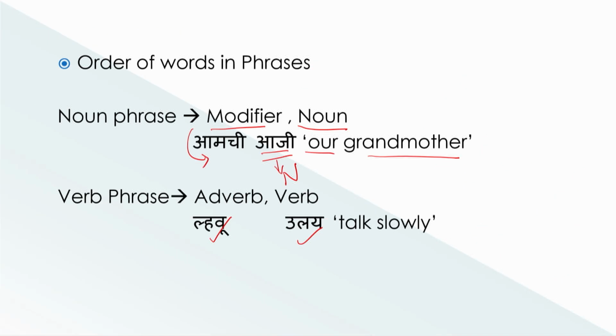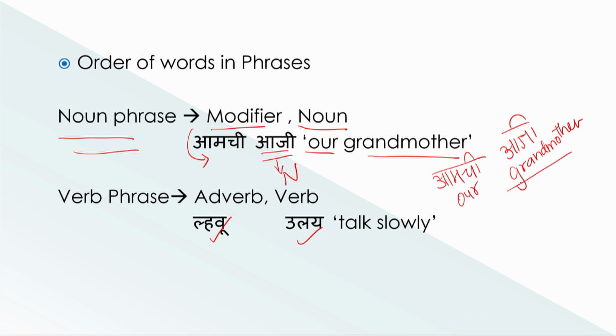We also saw the order of words for phrases. When we have a noun phrase, for example, Amchi Aji, Amchi is ours, Aji is grandmother, so the main word in this phrase is a noun. That's why this is a noun phrase. And the word which gives more information is Amchi, which is an adjective or a modifier.